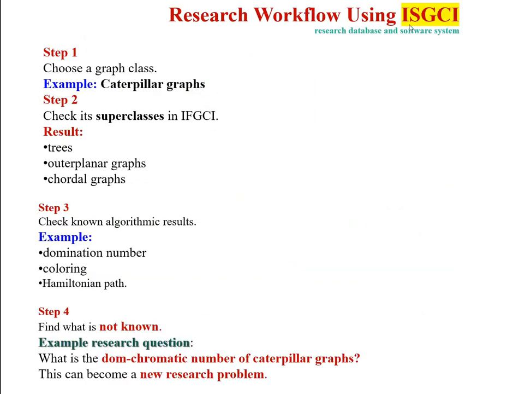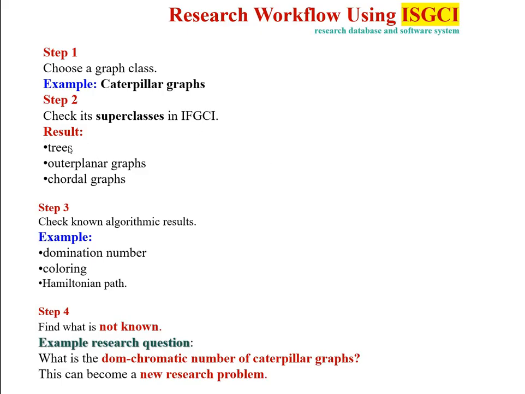If you are using the ISGCI research database and software system, then all this you can see from that website. You choose a graph class, say for example caterpillar graphs. Then you would like to know what its superclass is. It is ISGCI, not IFGCI.